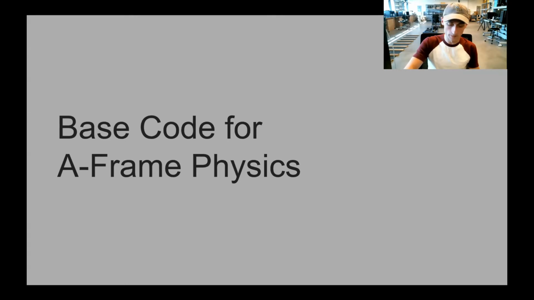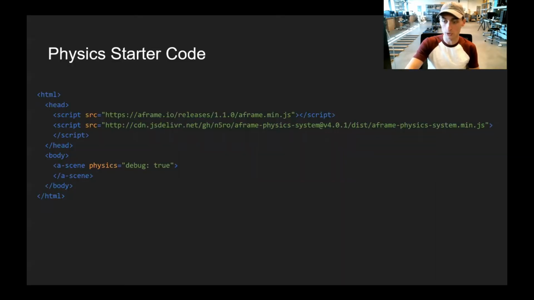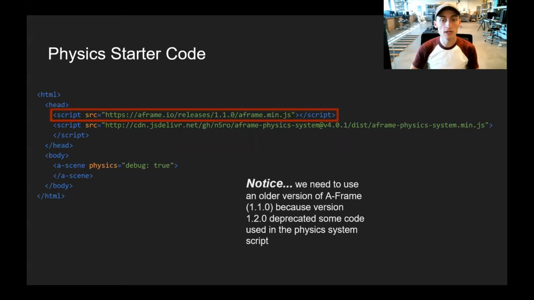All right, so of course, just like usual, we're gonna look at some starter code when you're doing a project with physics in it. The first thing we're going to notice is that we need to use an older version of A-frame if we're going to use A-frame physics system alone. Unfortunately, when A-frame was updated to the latest version, at the time of making this video, 1.2.0, they deprecated code, I think, with the three.js file, which handles geometry and different volumes and shapes.